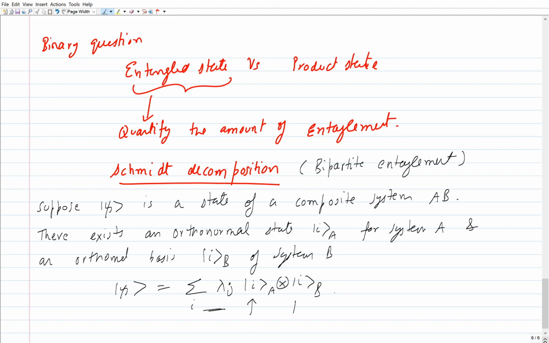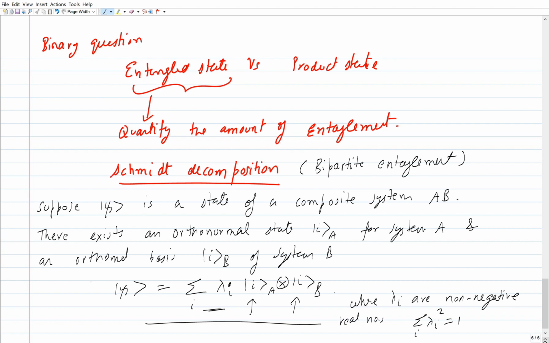In other words, notice I'm using the same index, and that's essentially the idea that any state can be expressed in this particular form, where index i_A is the basis on subsystem 1 and index i_B is the orthonormal basis on subsystem 2, and where lambda_i are non-negative real numbers, they are normalized in some sense.